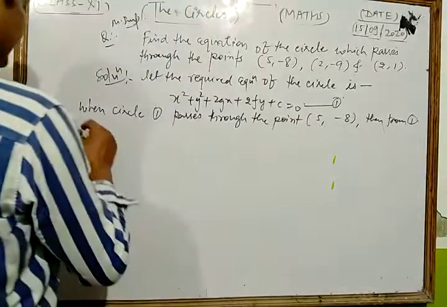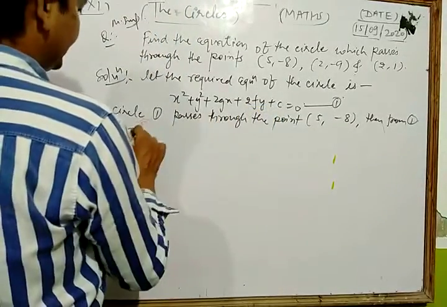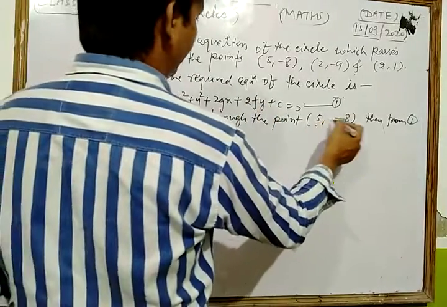From that, from equation 1, we put x is equal to 5 and y is equal to minus 8.